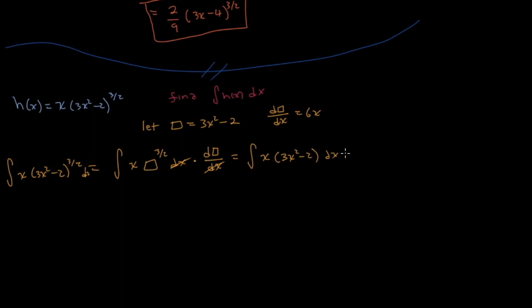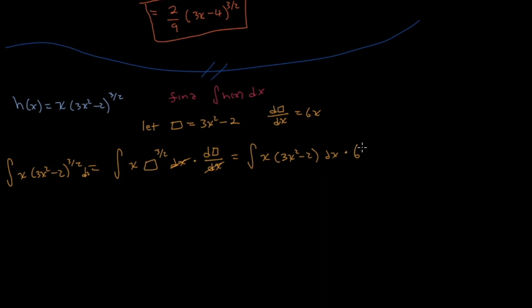So we're going to multiply this by 6. I don't know if you see where that comes from. We want it to be multiplying by 6x. Outside this box, we already have an x here, so the only thing we need to make this 6x is just multiply by 6, and there we have it.